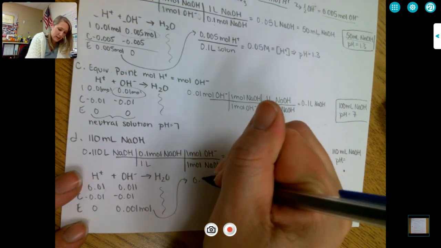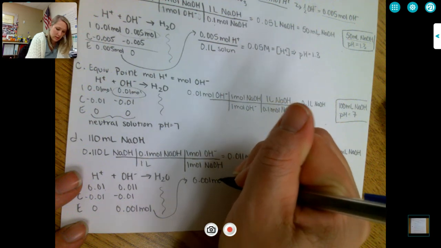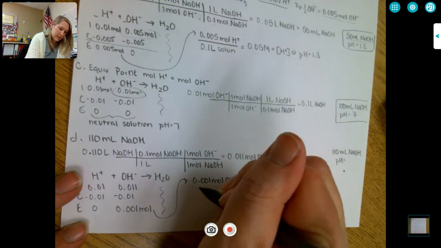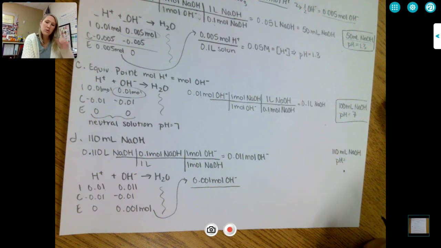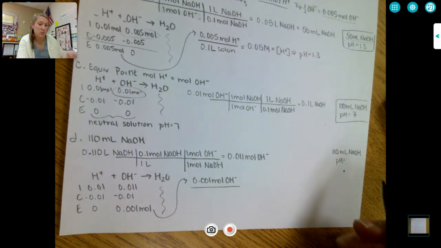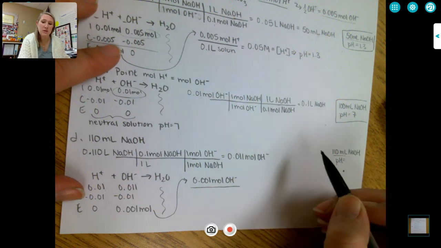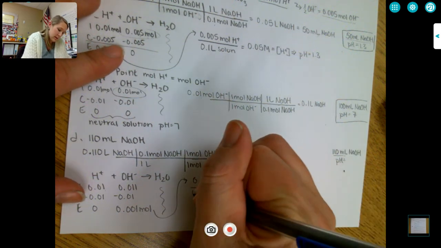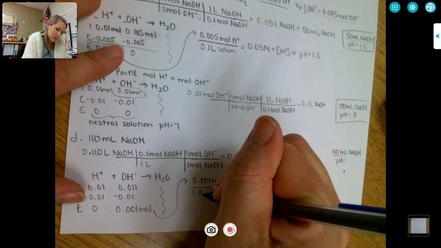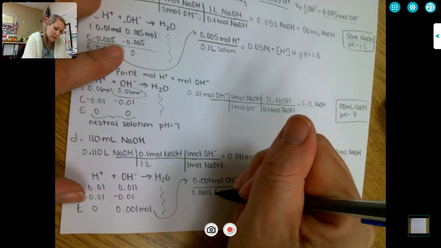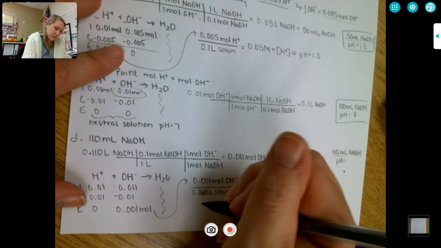So I have 0.001 moles of hydroxide ions, and the total volume of my solution at this point is my 110 mils of sodium hydroxide plus the 50 mils of nitric acid, which means I have 160 mils or 0.160 liters of solution.